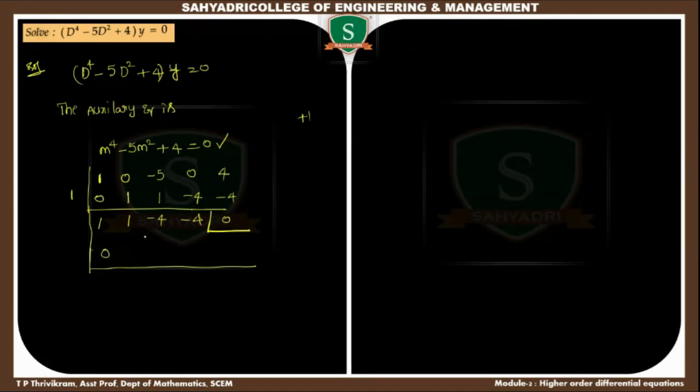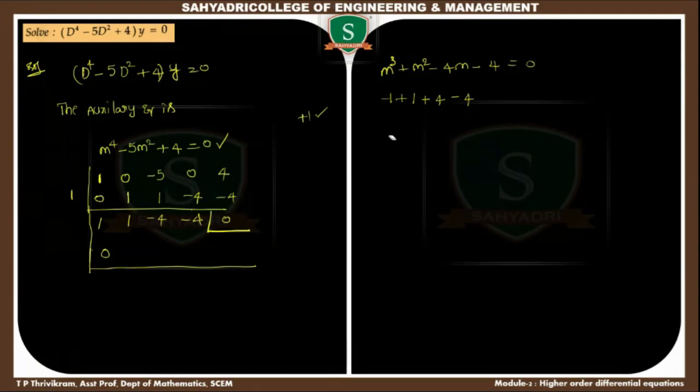Write this equation separately. We got m cube plus m square minus 4m minus 4. So if you substitute minus 1 here, what happens? 1 is already used. Minus 1 if you put, you get minus 1 plus 1 plus 4 minus 4, which is 0. So minus 1 is another root.